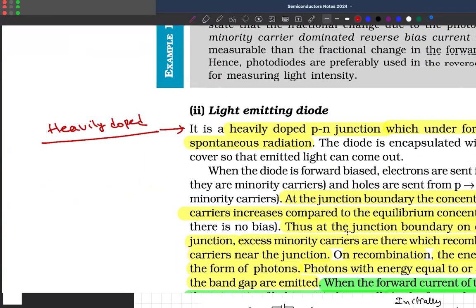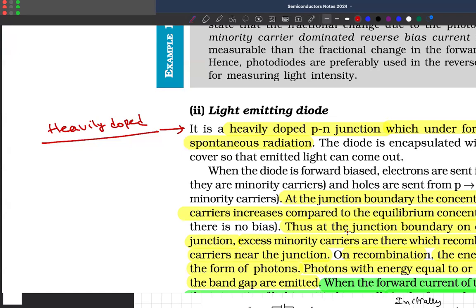When you are using forward biased mode, in the flow, if a hole combines with an electron, what happens? Previously, an electron absorbing a photon was freed from the valence band to the conduction band, leaving a hole in the valence band. Now speak the reverse.